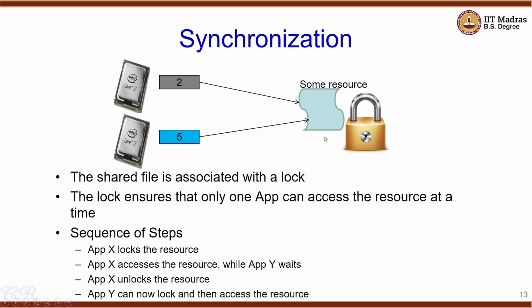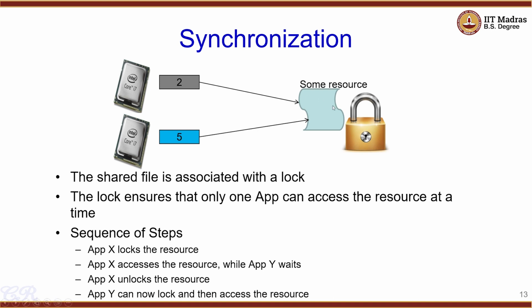In order to synchronize between these two applications for this particular resource, the sequence of steps would be something like this. Application 2, or in this case application X, locks the resource. Now, when it locks the resource, it means that this particular application app 2 has complete control, or in other words exclusive control on the resource.